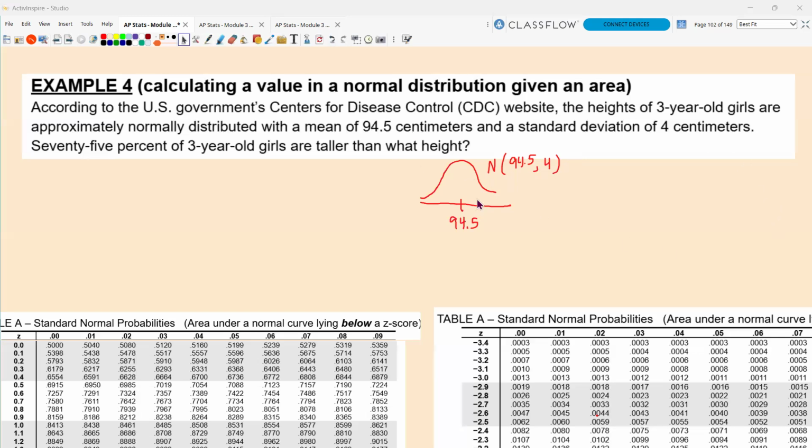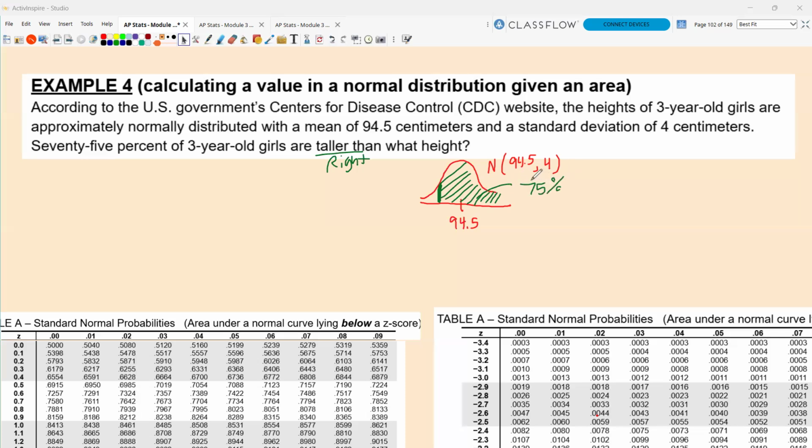It says 75% of 3-year-old girls are taller than one height, so we have to go to the right. I'm going to estimate a number to put a line here. It doesn't really matter how accurate you are, as long as you're on the right side. And then I want to shade 75%.